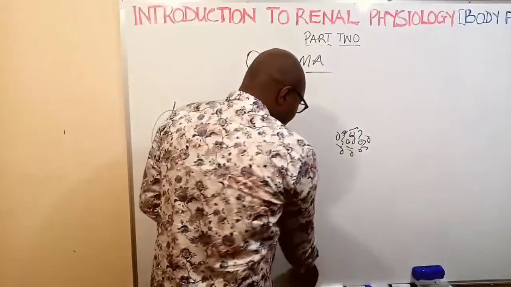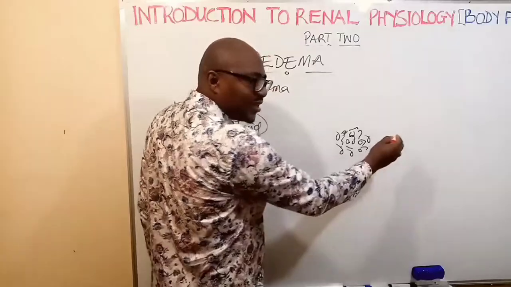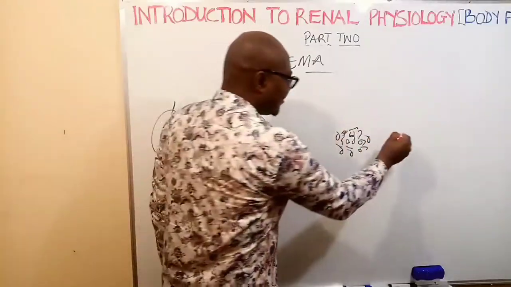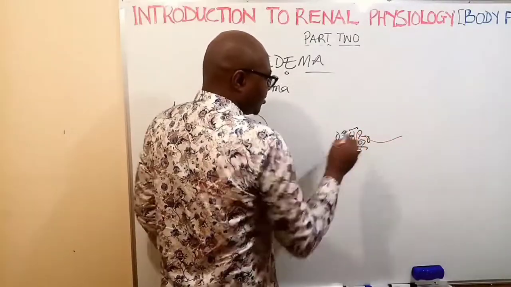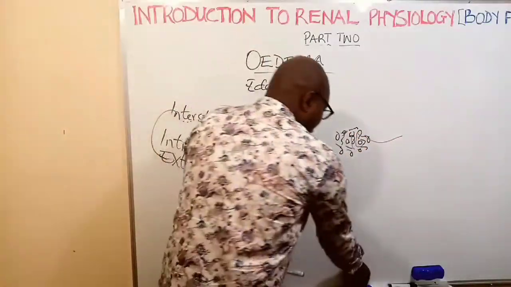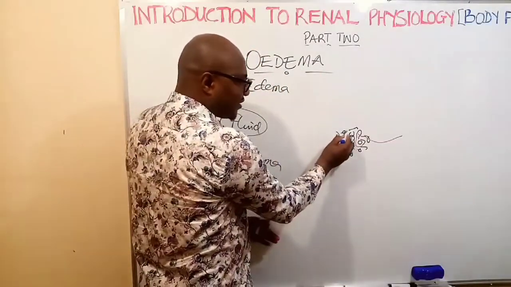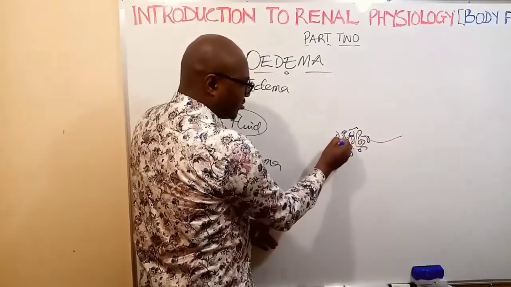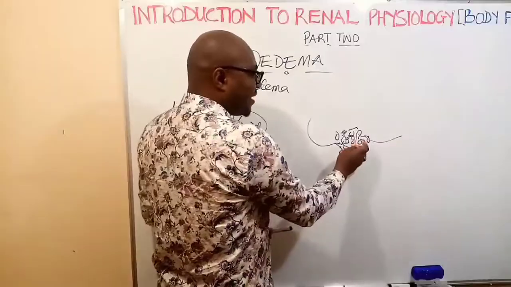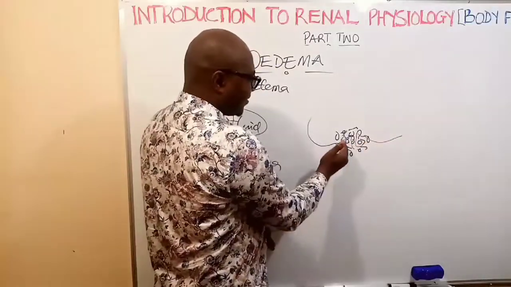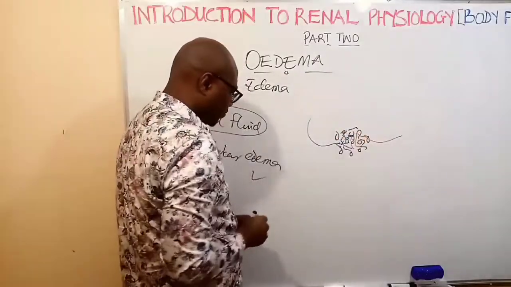Okay, so you have capillaries from the arterial side, in between. Then halfway in between, you now have the capillaries as towards the venous side. Okay, so this is it. So you have the capillaries, arterial side, capillaries, venous side. So around it, you have interstitial fluid.